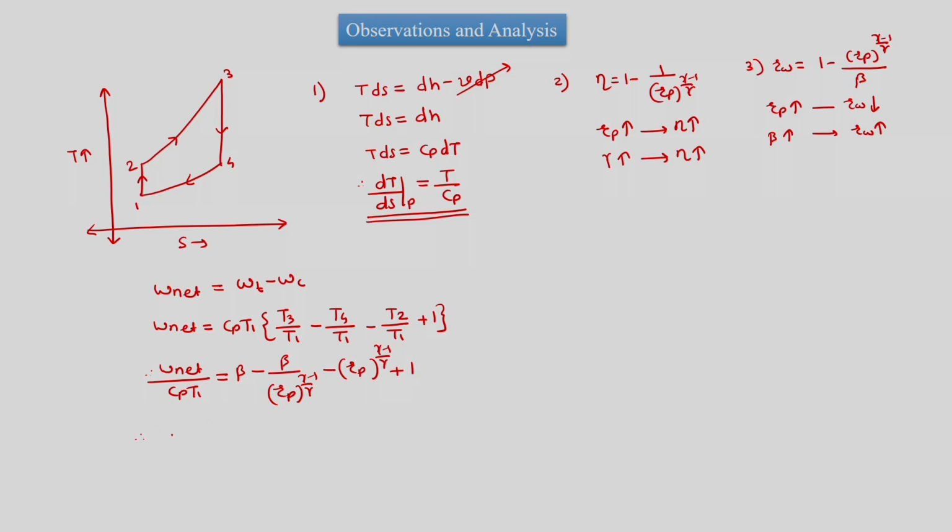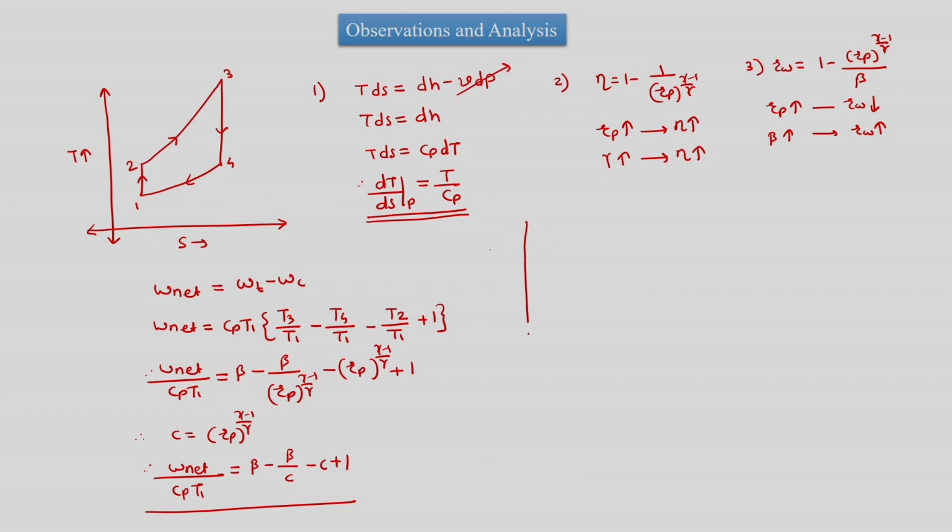We have said C is equal to Rp raised to gamma minus 1 upon gamma. So W net upon Cp T1 is equal to beta minus beta by C minus C plus 1. Here we can take this formula and plot the variation of W net for different betas.